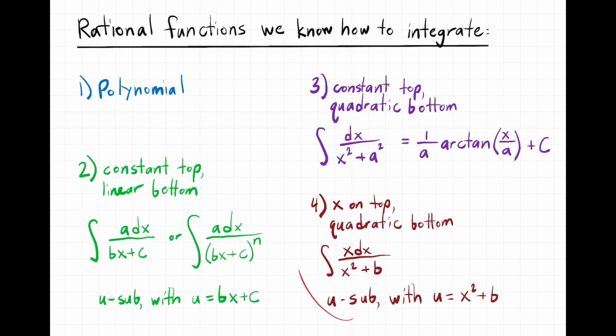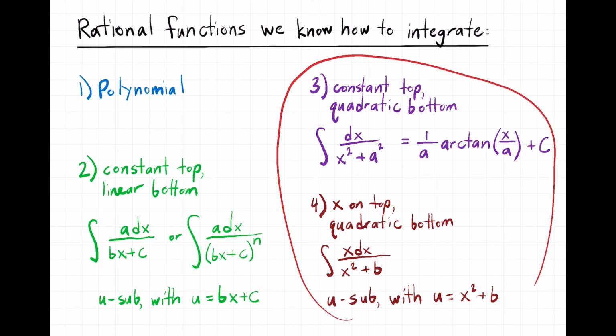In fact, these last two cases together actually mean that we can handle anything that has a linear top and a quadratic bottom. In other words, you can have any linear function, a number times x plus a number, divided by an x squared plus x plus a number, let's just say.